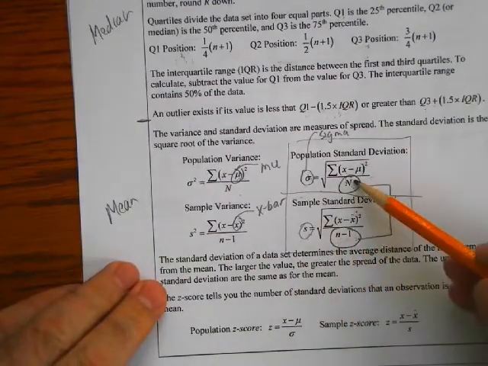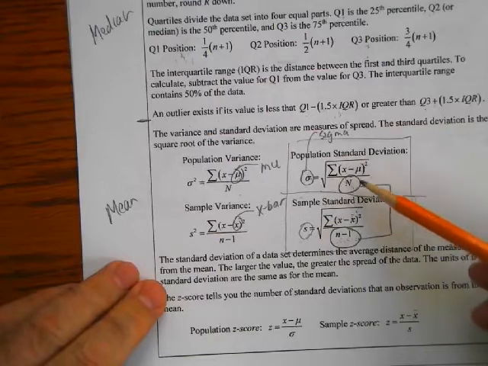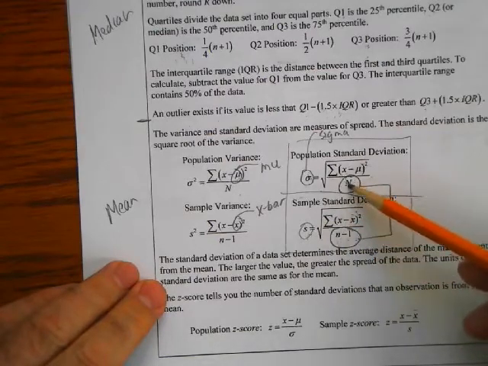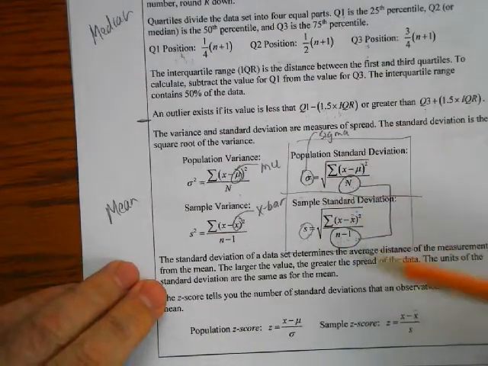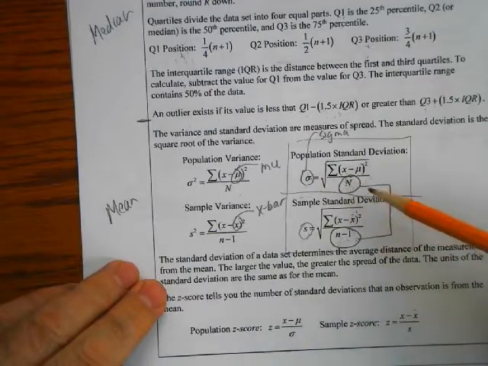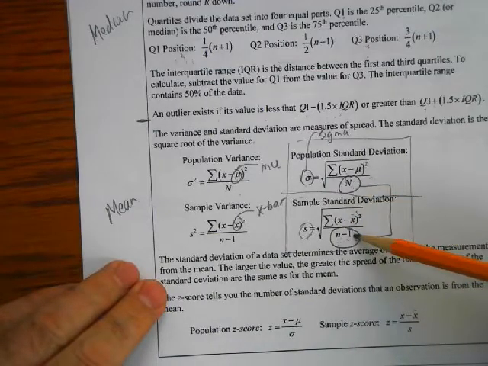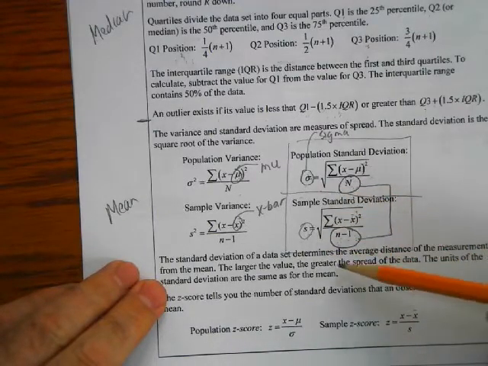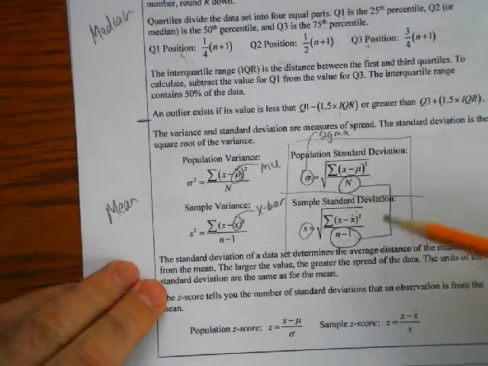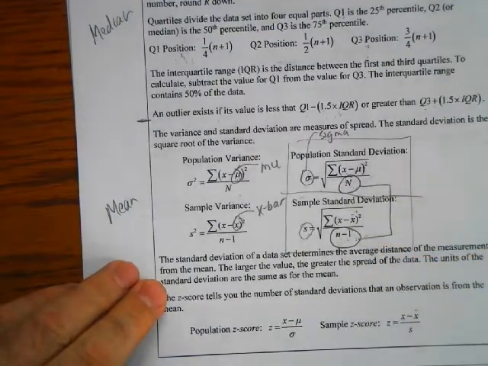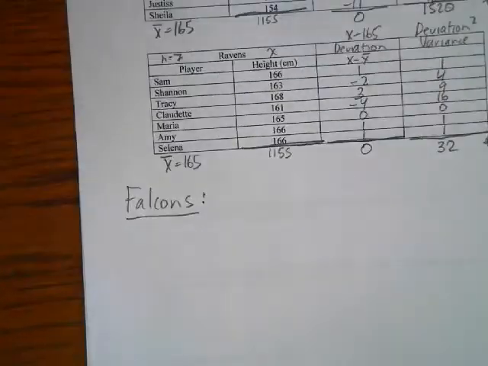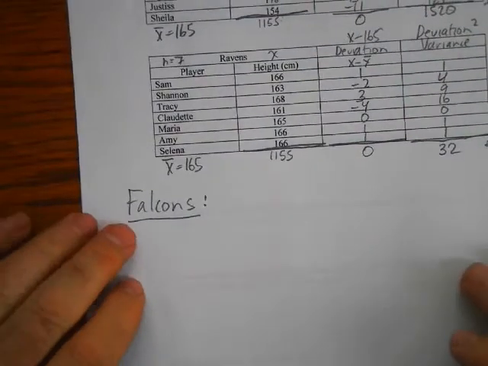The n values really mean the same thing, the number of data points, but here we subtract 1, which will give us a bigger standard deviation. So make sure you know: am I looking at data for a population or for a sample?